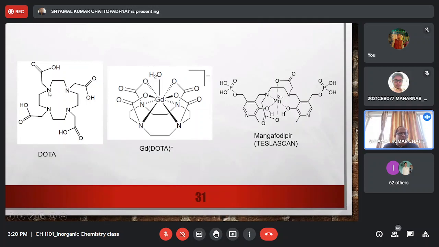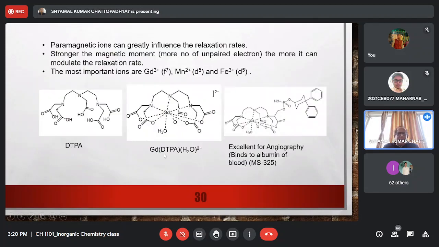So here again 4 nitrogen and 4 carboxylic acid, so it is 8 coordinated, and gadolinium here is actually 9 coordinated. There is 1 water again here, and that can again undergo exchange with the water in your body, and it can be used as a contrast agent. So these two complexes, gadolinium DOTA and gadolinium DTPA, are the most useful contrast agents.